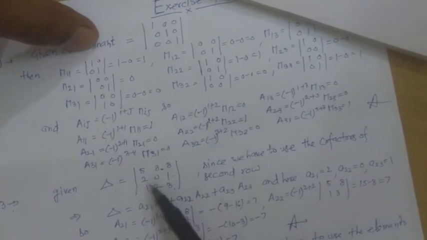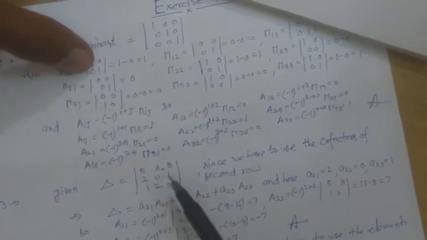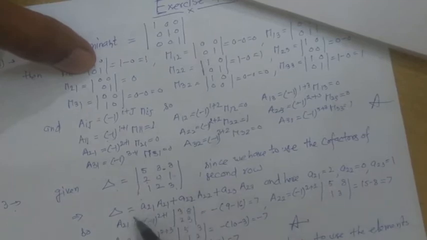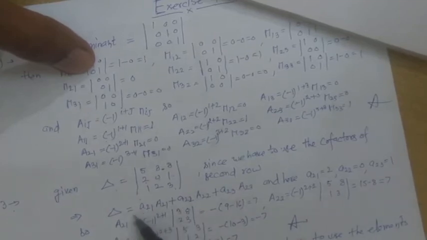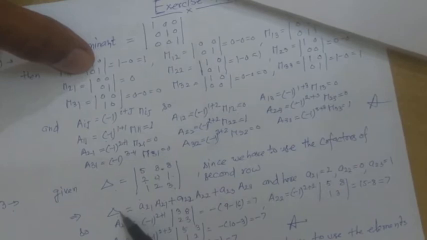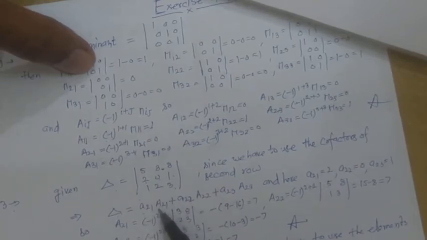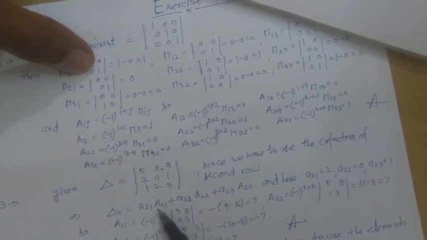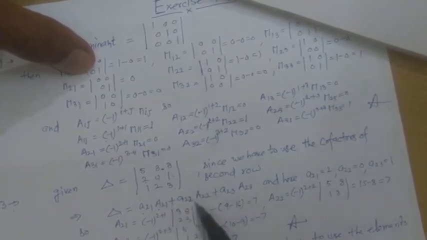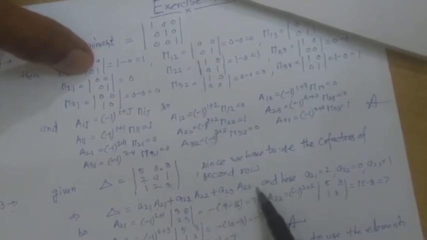Then the second row is A21, A22, A23. The determinant is equal to A21 multiplied with the cofactor of A21, plus A22 with cofactor A22, plus A23 with the cofactor of A23.